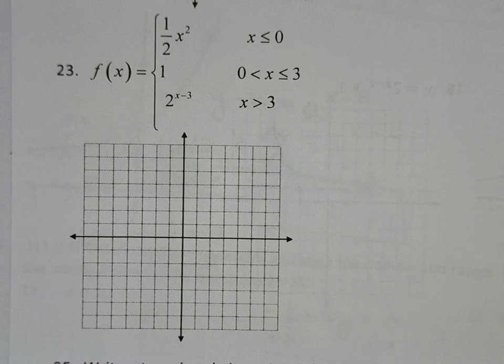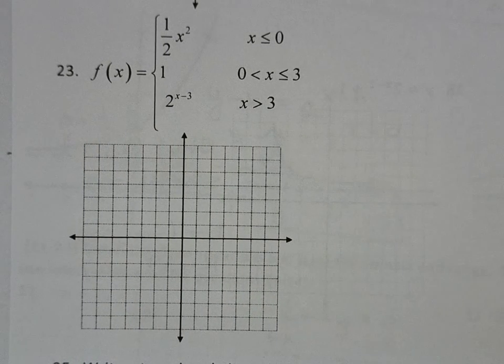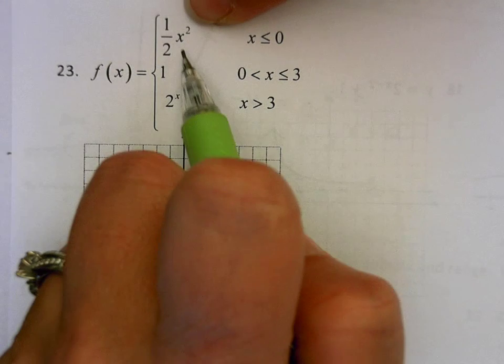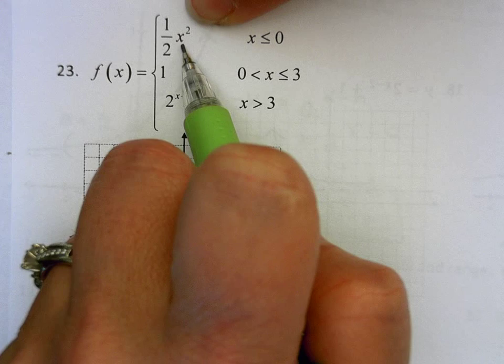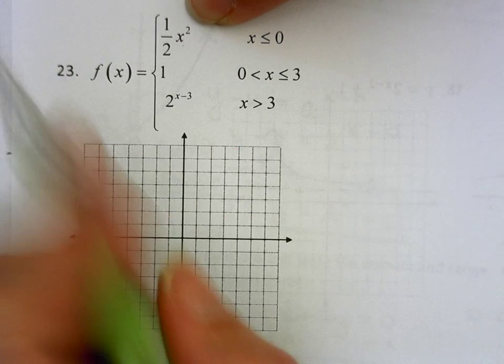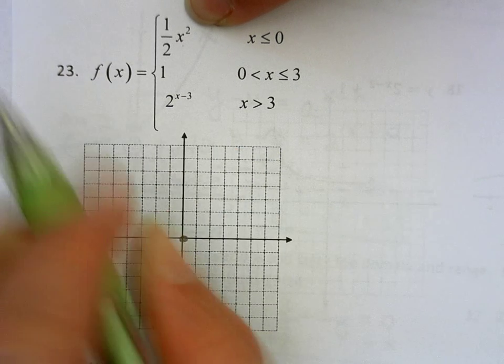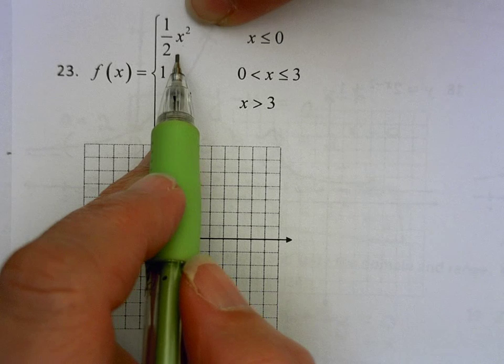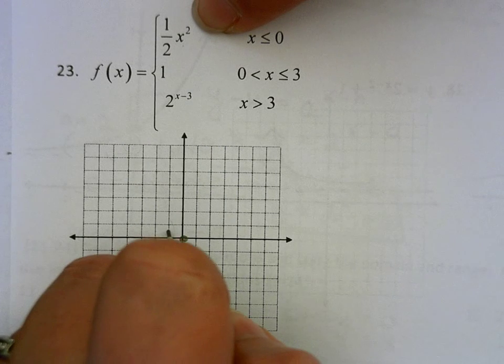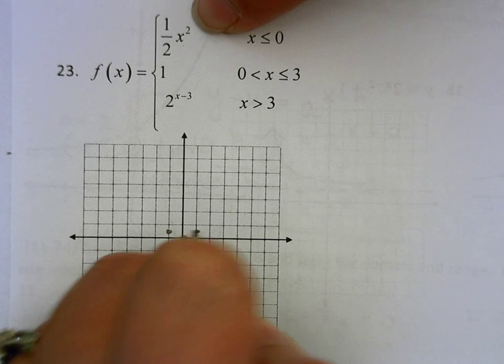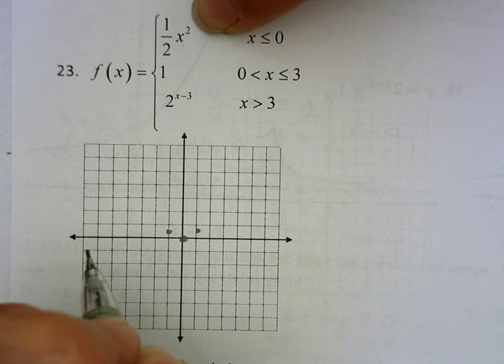So this one I have to do 3 graphs for. So I'm going to try to do this without doing all the start, stretch, split, and just work through it, okay? So I know my start is 0, 0, nothing added or subtracted anywhere. My stretch is 1/2, so I'm going to go up 1/2 over 1. And if I want to do one more dot for accuracy, I can.